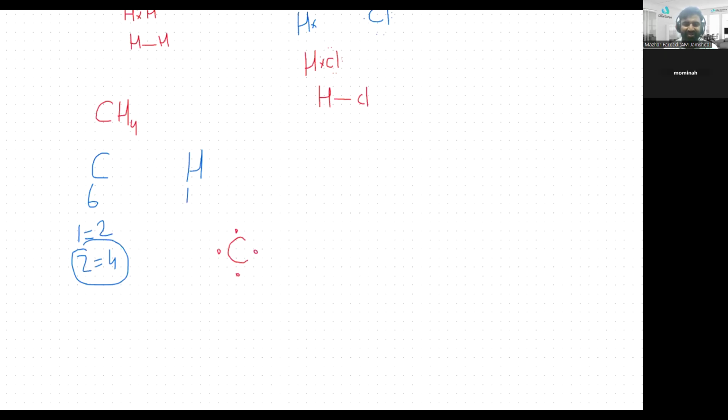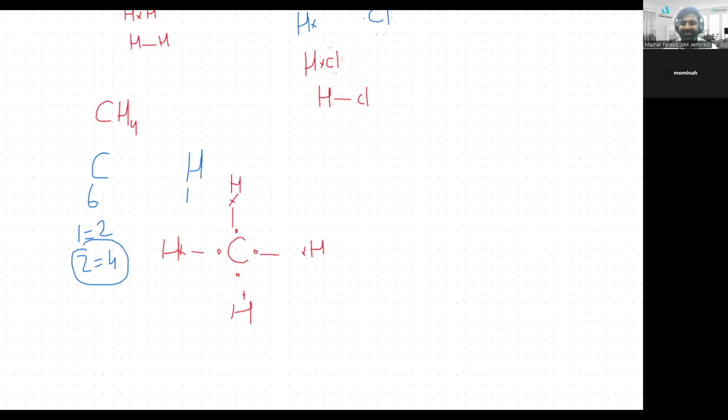And there are 4 hydrogens. You need to write the electron of hydrogen with a cross. Then this mutually shares with this, and it mutually shares with this, and it mutually shares with this.